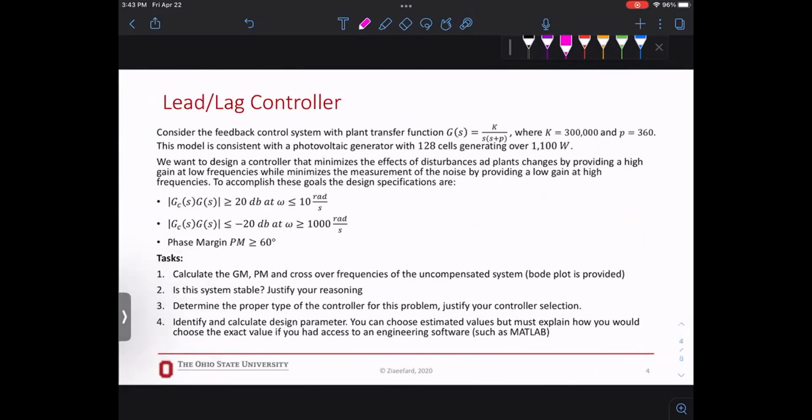Now, let's read the lead lag controller question. I want you to read it. I think it should be a 1-minute read.